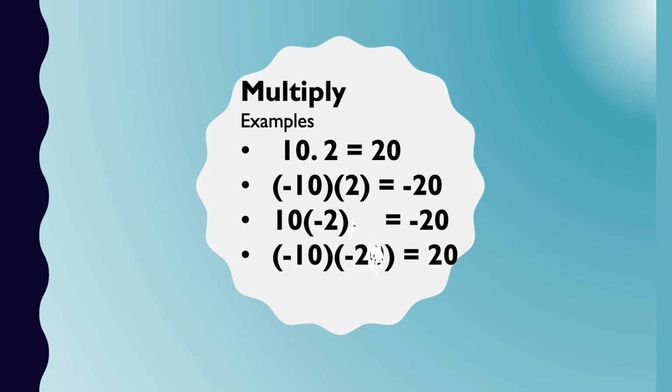There you go. Now 10 multiplied by 2, 20. What is the answer when you multiply the same sign together? Always plus. This is how you multiply the signs, and I hope you understand this slide.